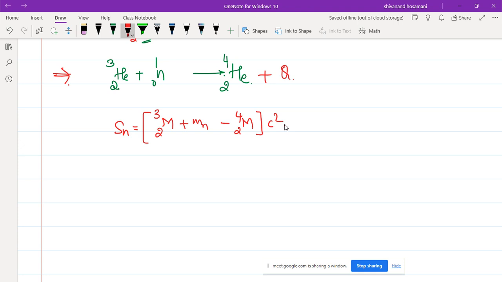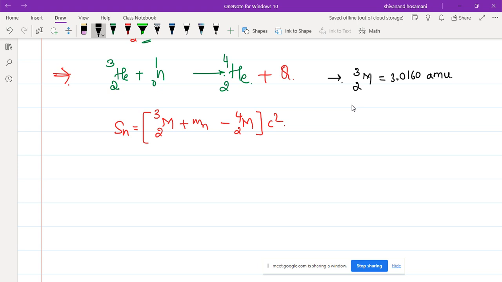Is that clear? Now, in the problem, he will mention the masses of each nucleus. Helium with mass number 3 has a mass of 3.0160 AMU. What is this AMU? AMU is nothing but the atomic mass unit.